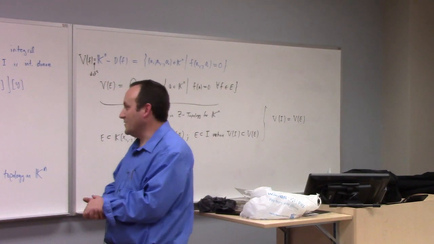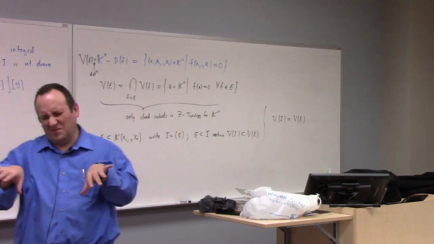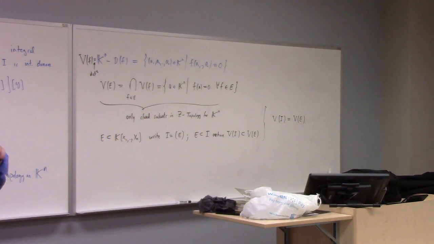You start thinking, because what's open is the complement of solution sets to polynomial equations. What's that? It's not discrete? Yeah, the topology is far from trivial. But it's non-Hausdorff. Yeah.